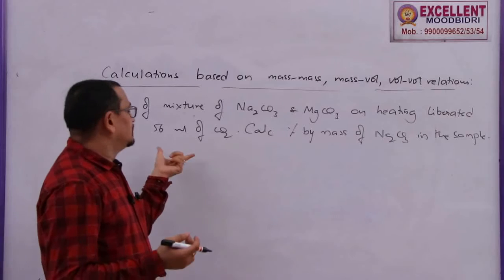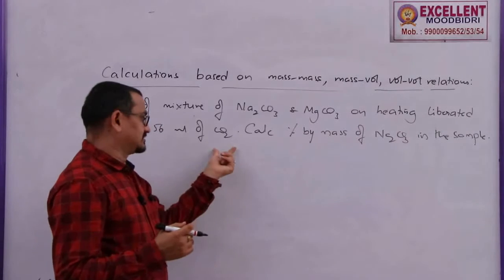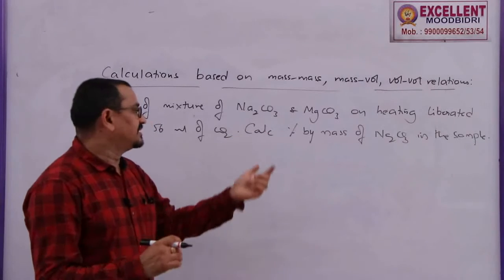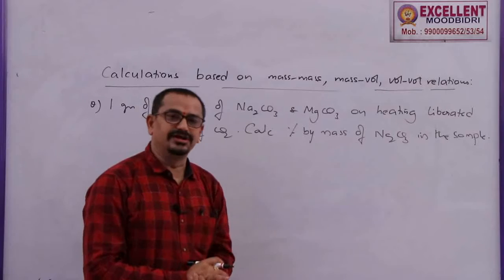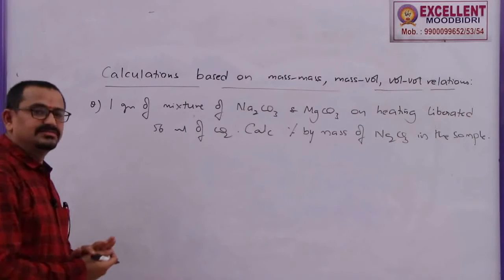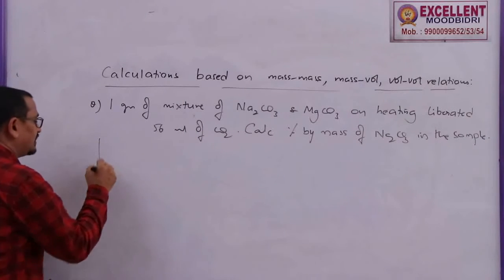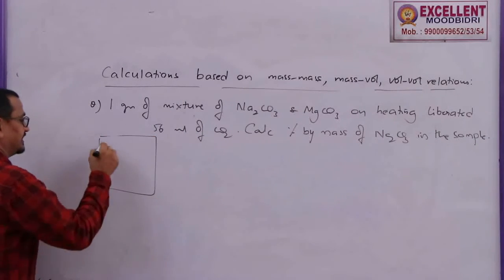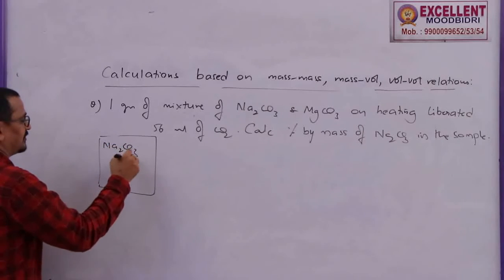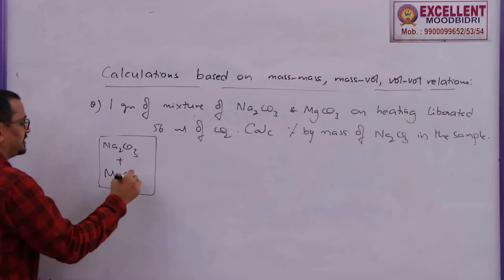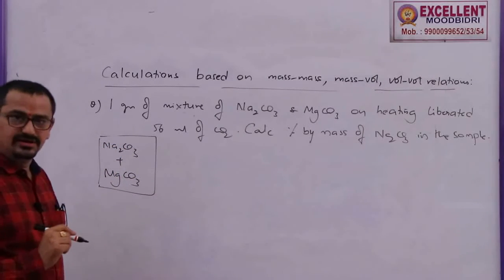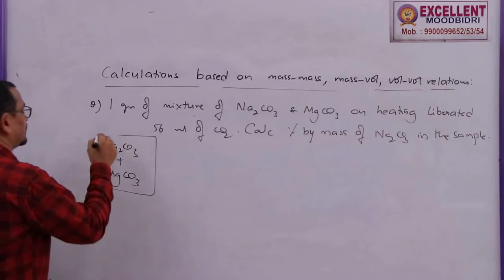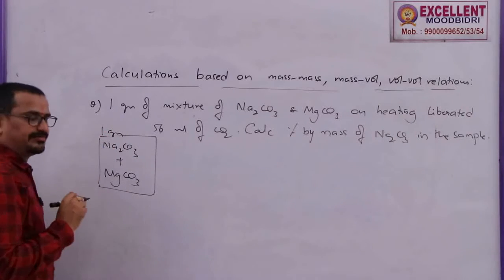On heating it liberated 56 ml of carbon dioxide. Calculate the percent by mass of sodium carbonate in that 1 gram sample. So we are given a mixture which contains sodium carbonate and magnesium carbonate. Total mass is 1 gram.